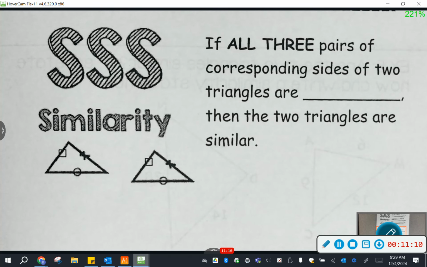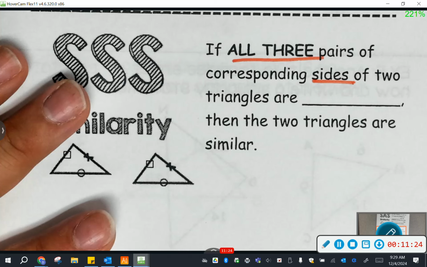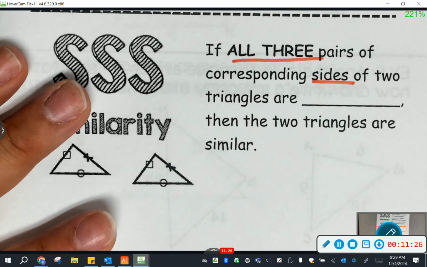What do we think SSS similarity means? All the sides are the same. All the sides are not going to be the same because that would be congruent. But what do all three sides need to be? Similar. There was another word we used on our notes the other day.